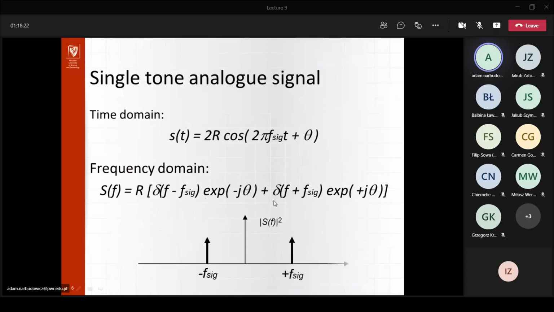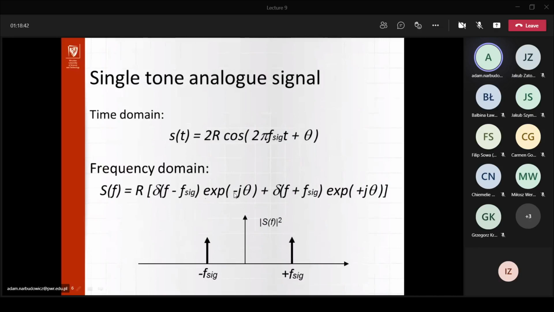So at the end of the day, to see the perfect signal, we need to consider mirrored, complex conjugated components on the negative frequencies.